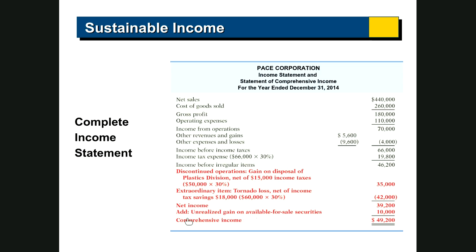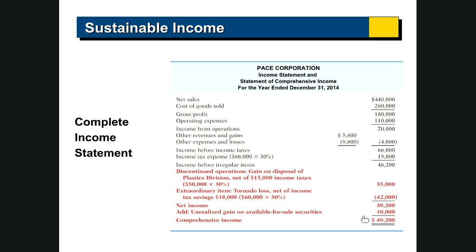You see this section right here, unrealized gain on available for sale securities. This will come after the net income to add to the comprehensive income or loss. This portion will not be showing up on your income statement.